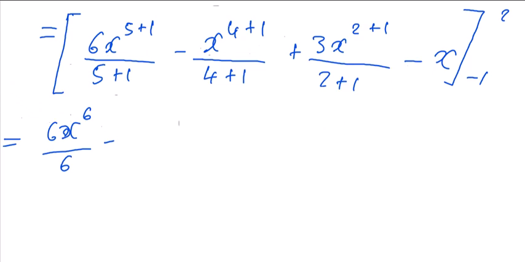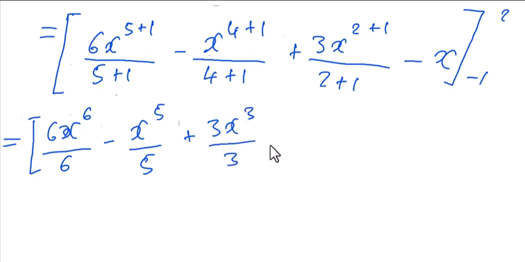Hence we have here 6x squared over 6, then x to the power 5 over 5, plus 3x to the power 3 over 3, minus x. Our limits are 2 and -1.